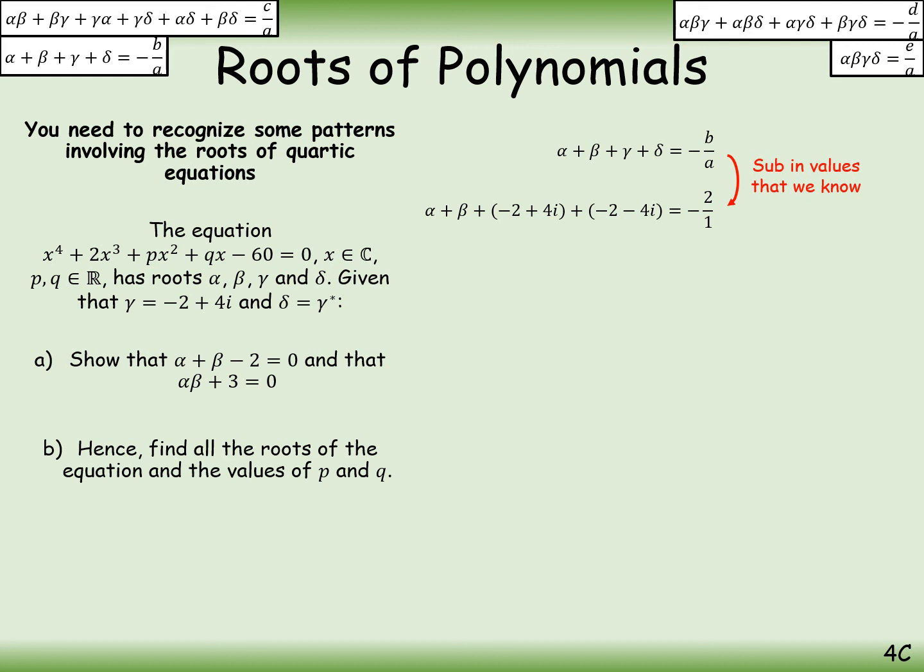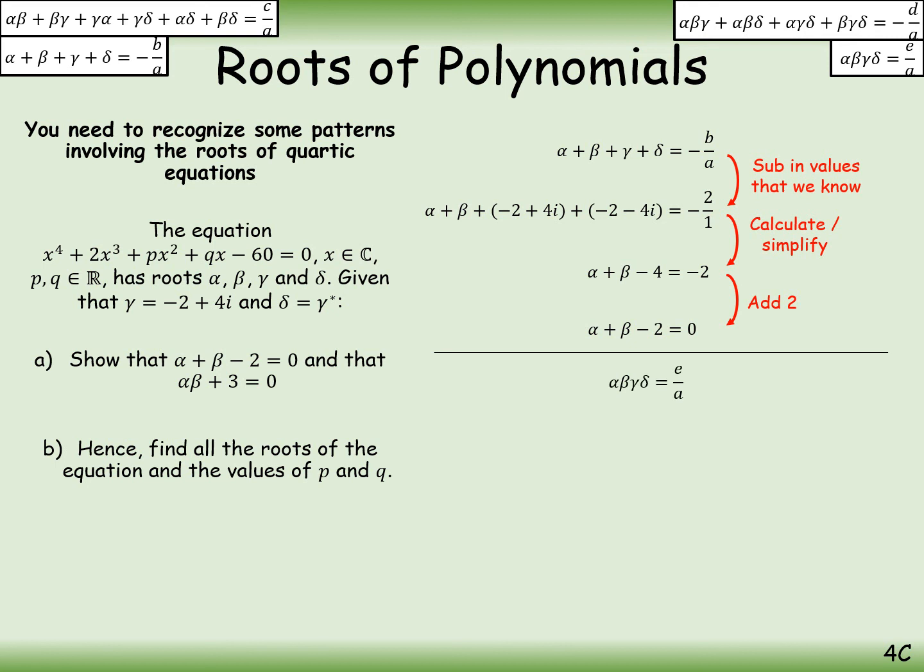And that's equal to minus b over a, so minus 2 over 1. So if we calculate and simplify, we get alpha plus beta minus 4 is equal to minus 2. So if we work that out, you can see it's alpha plus beta minus 2 is equal to 0. And that's what it said, simply show that. So we've shown it.